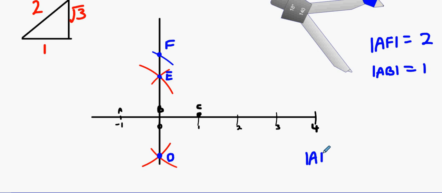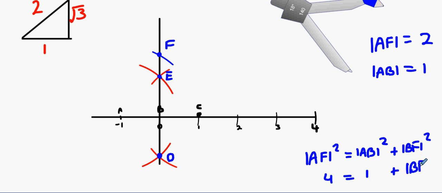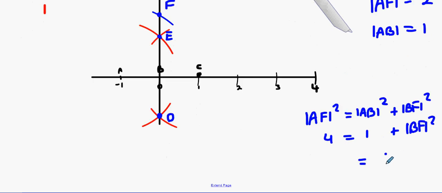AF squared equals AB squared plus BF squared, and then you get 4 equals 1 plus BF squared. And then your BF will be root 3. Is everybody cool with that? BF equals root 3.